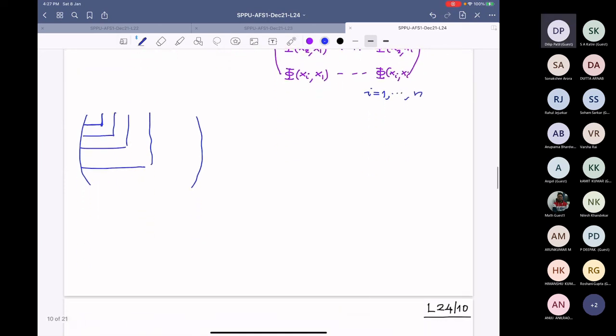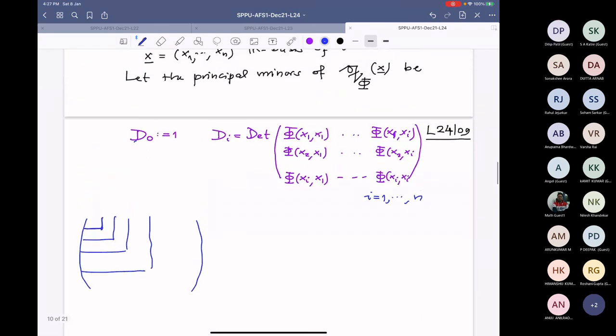So what does the criterion say? The assumption I am making is, let the principal minors of the Gram matrix be D0 and so on, and we assume all Di are non-zero.